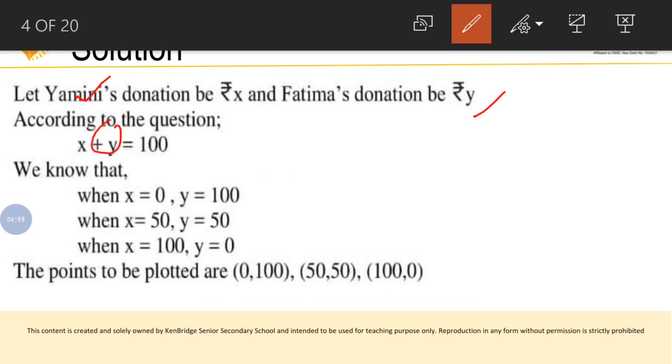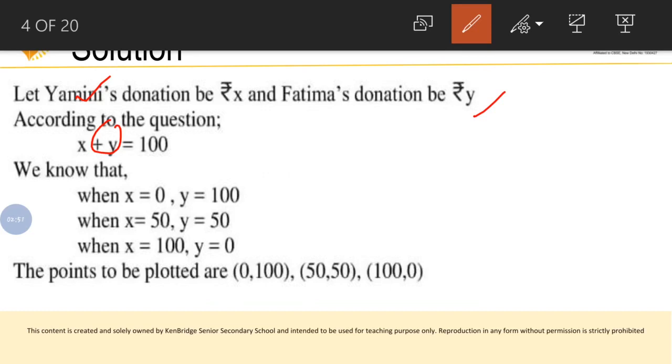That is, X plus Y is equal to 100. Both students together contributed 100 rupees, right? We don't know whose contribution is higher or who has contributed how much. They have just given that both together contributed rupees 100.